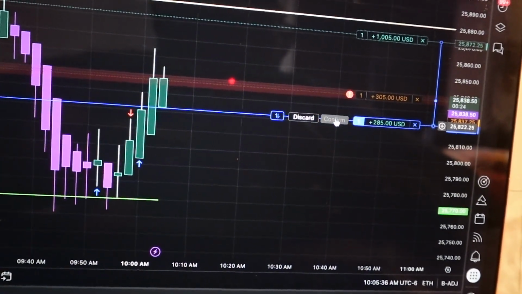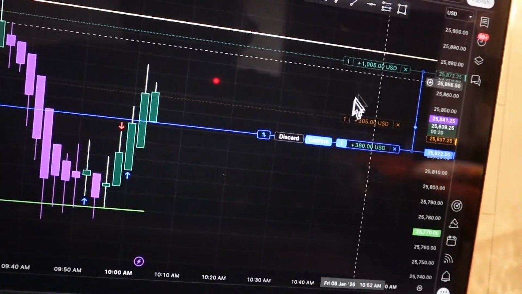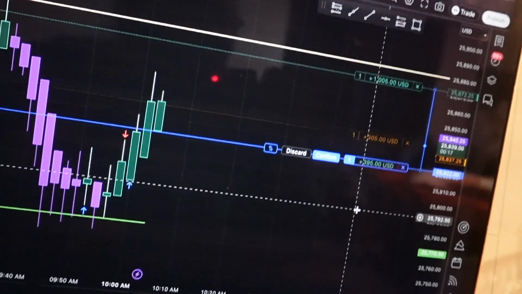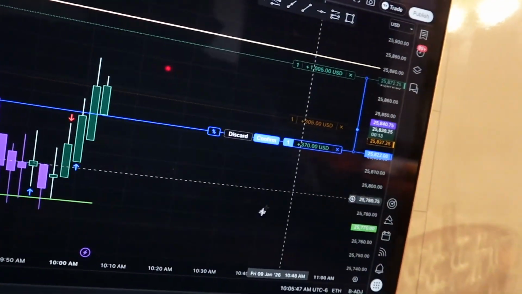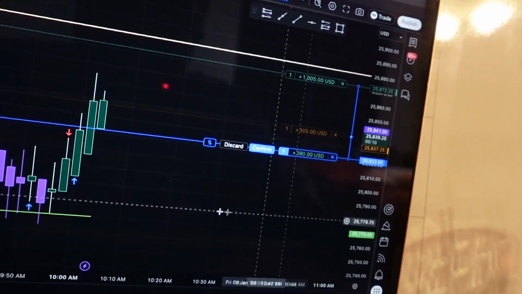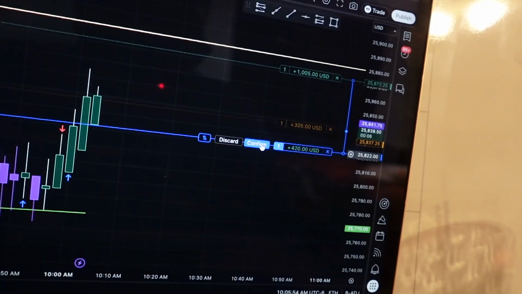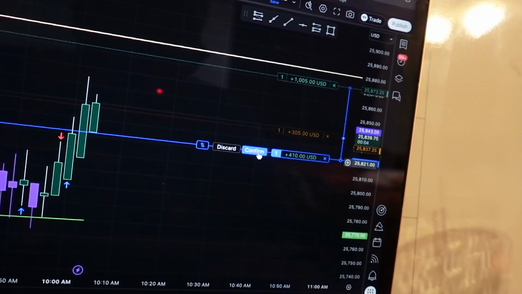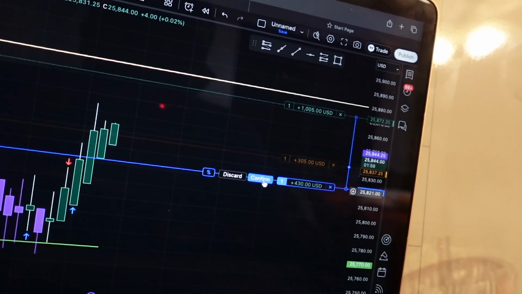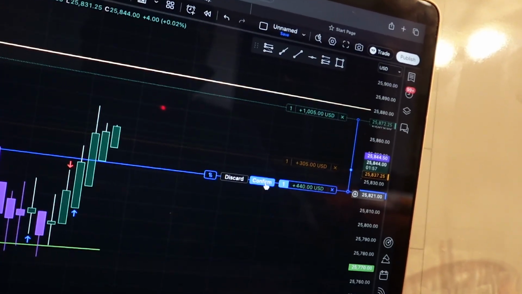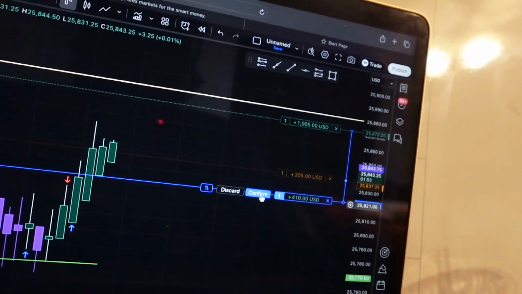See what it looks like when this next candle closes. I adjusted it to 1,000 because I don't need to be greedy. I'm practicing for real life as well. See the next candle.